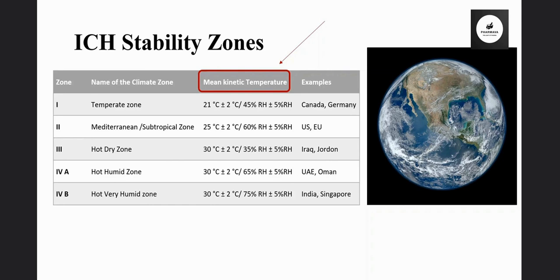But now if you see the mean kinetic temperature for zone 4B, it is 30/75. That means that if you keep your samples in this 30 degrees, 75% RH condition over a long period of time, it is going to have the same thermal challenge as would have been experienced over a range of both higher and lower temperature. So this is basically a mean kinetic temperature.